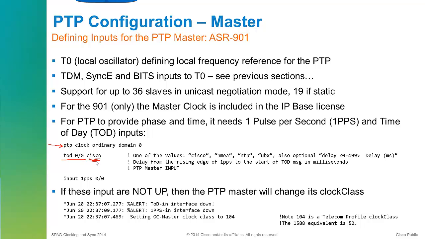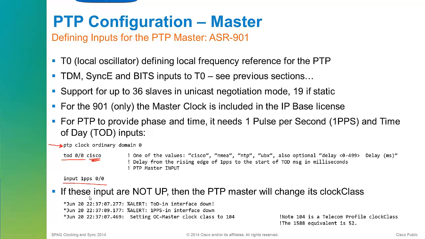So it could be NMEA, if it's a GPS device that might output NMEA sentences, but it could be Cisco or NTP if something is providing a particular time of day. Similarly for the 1 pulse per second input, so that's all pretty straightforward. And then the PTP master servo on the ISR 901 can start negotiating with slaves and sending packets out.